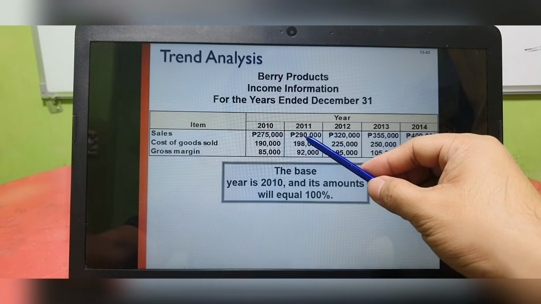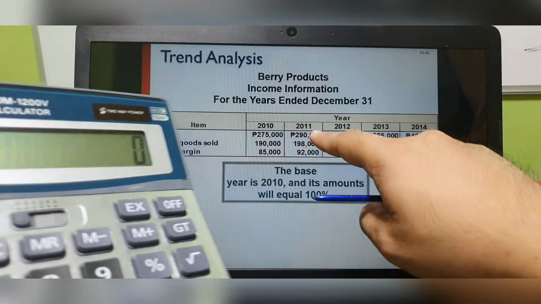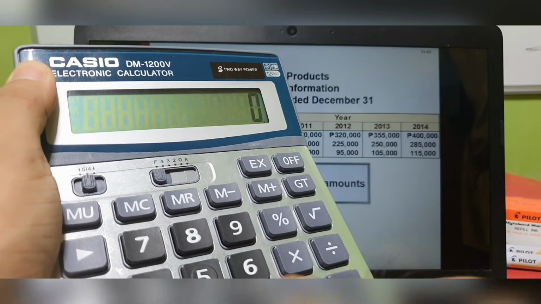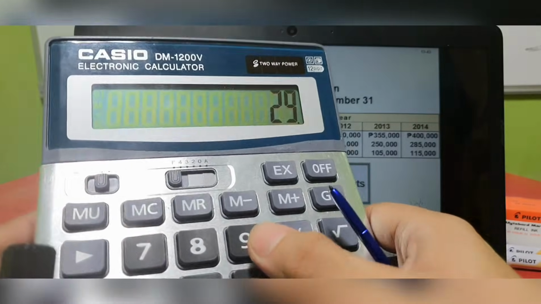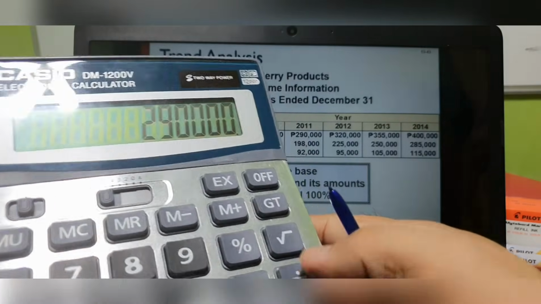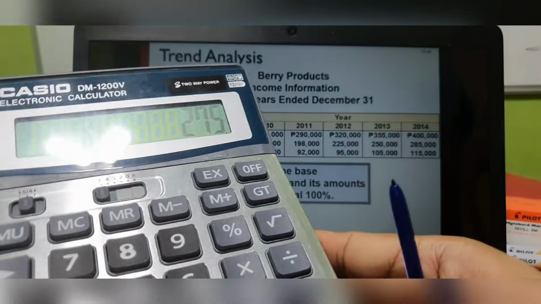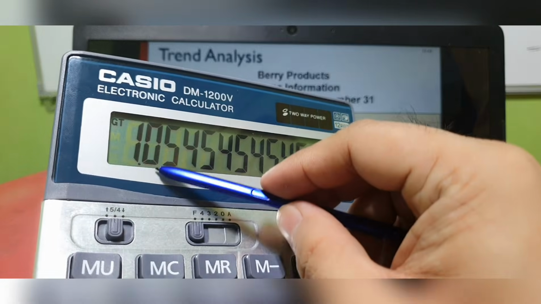Paano natin makakompute yung trend percentage ng 2011? So that would be 290,000 divided by 275,000. So, our trend percentage is 105%.